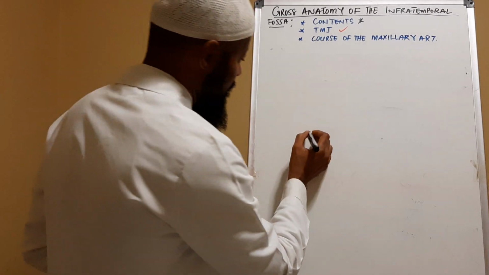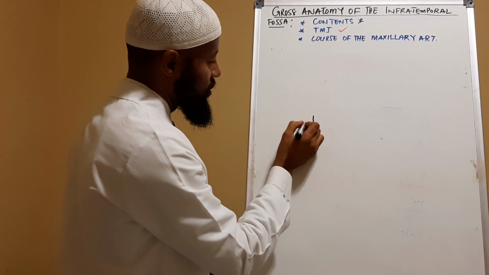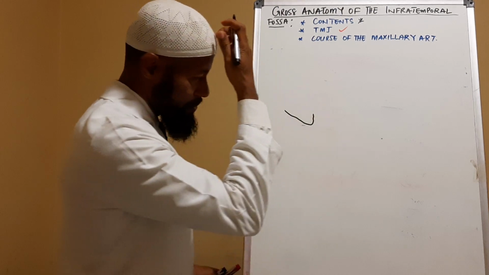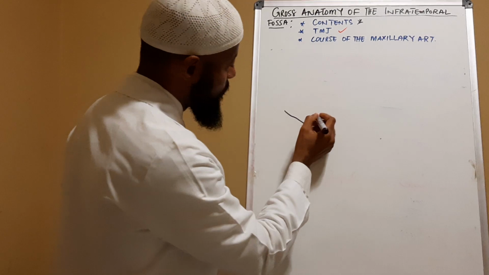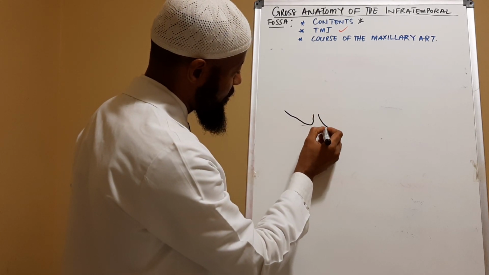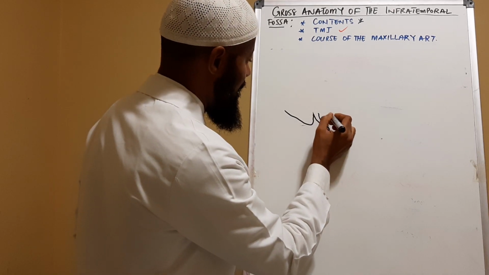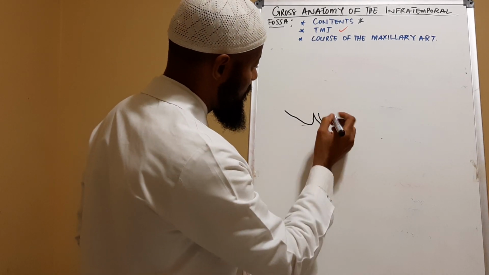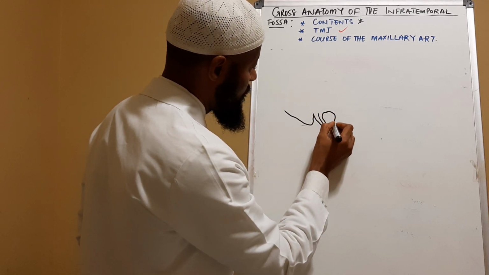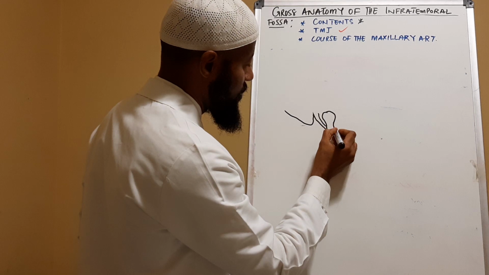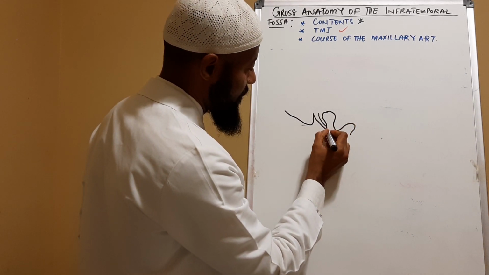So let's have this as a skull. That's the mastoid process of the temporal bone, and that's your styloid process. And somewhere here you have the head of the mandible, and that's the coronoid process.